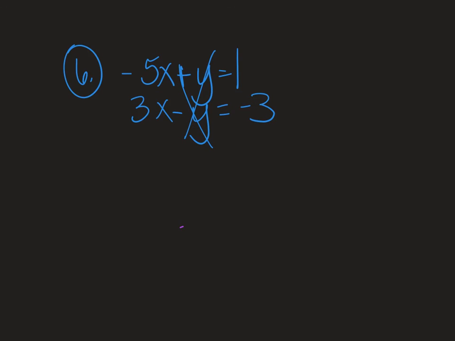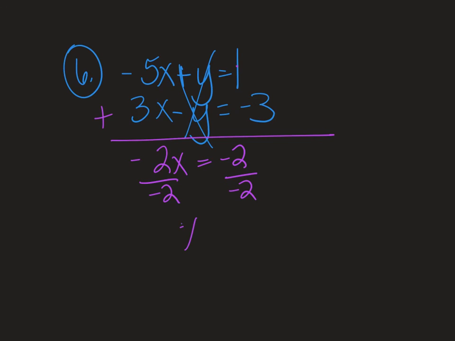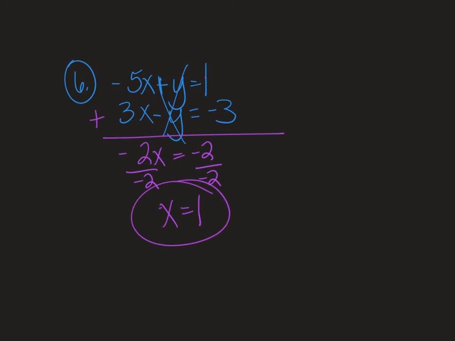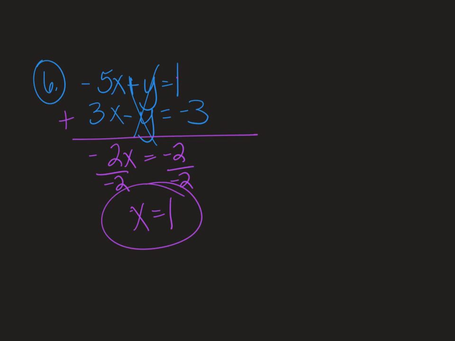So now I have a negative 5x plus a positive 3x, which gives me what? Negative 2x equals 1 plus a negative 3 gives you a negative 2. Divide by negative 2, divide by negative 2, x equals 1. Take my value of x, substitute it back into either equation.